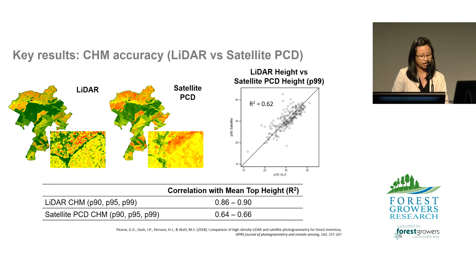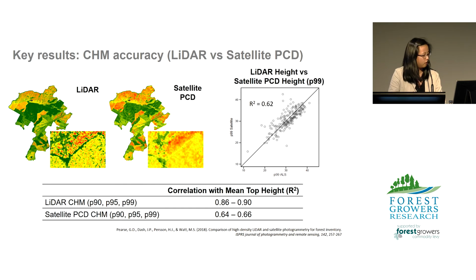As for the CHM for our satellite point cloud data, those maps show the difference in resolution and difference in detail that you will see when you decrease your resolution from 1 meter to 2 meters. And we also present the LIDAR height versus the satellite point cloud height at the 99th percentile, which is still relatively strong, with an R² of 0.62.